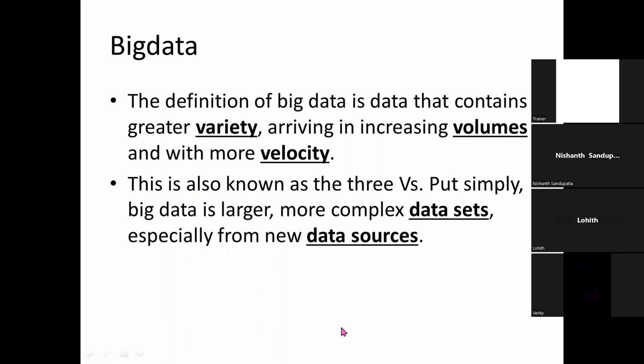As you can see in the underlined words, it's variety, volume, and velocity. If these three characteristics are applicable to any data, it's called big data. Simply, it's also known as the three V's. Put simply, it's larger, complex, and coming from many data sources.